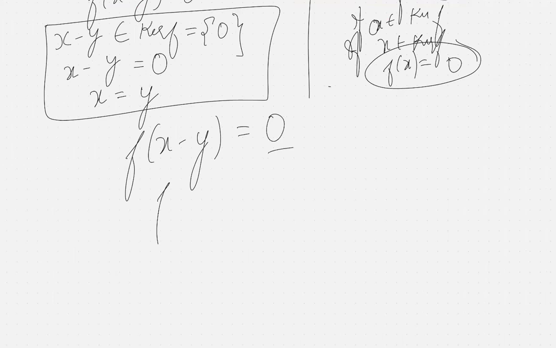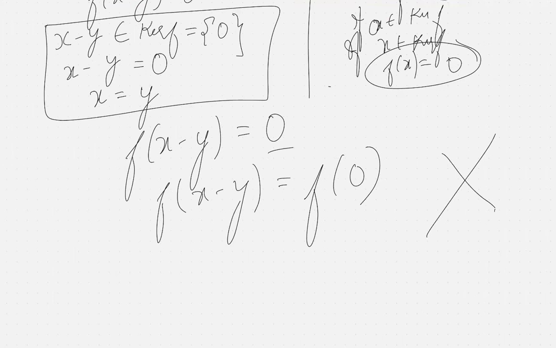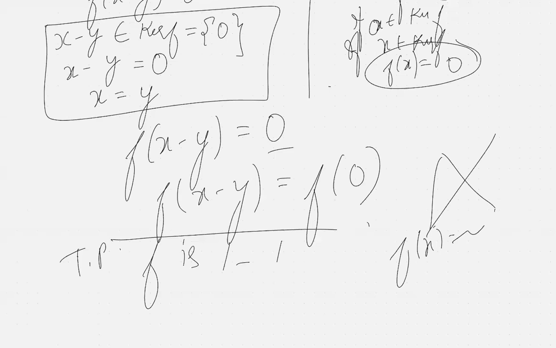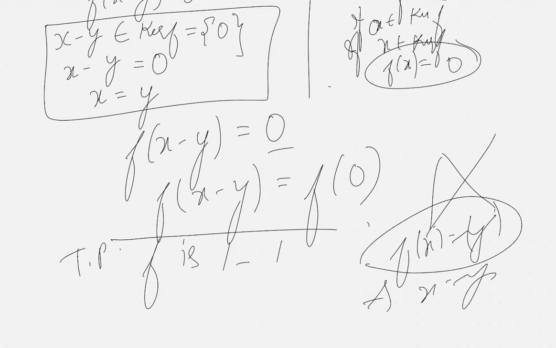If I write it like this and then cancel out f and say that x minus y is equal to 0, this is not possible right now, because we are proving that f is 1-1. We can cancel out and equate the elements, f of x equal to f of y implies x equal to y, only if f is 1-1. But over here we are proving that f is 1-1, so we can't use this result. That's why we have to use the kernel.